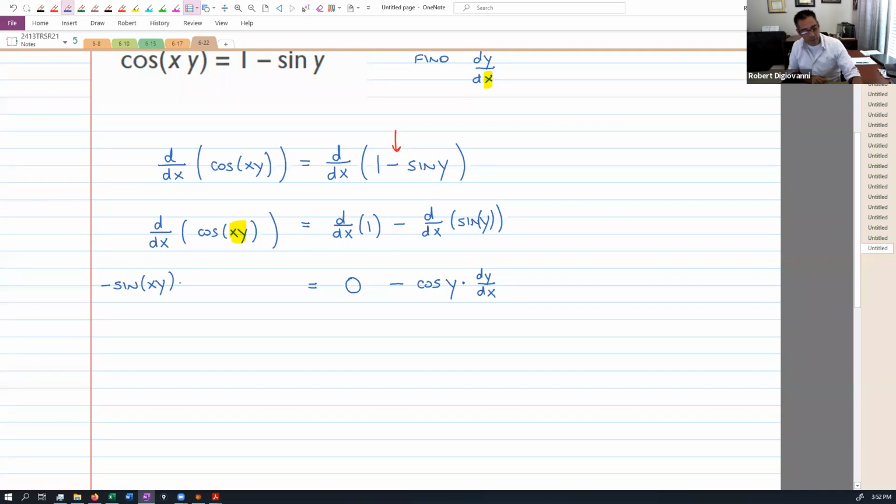Now, Matthew, you have to multiply that by the derivative of what's in here. And what do you see there? X and y. How are they together? What's the operation between them? They're multiplied. And how do we take derivatives when there's multiplication? With the product rule. Right? We've got to do a product rule on the inside piece. So I'm going to give myself a big parentheses here so that I can get the product rule on here.